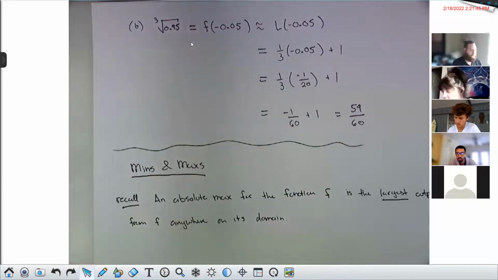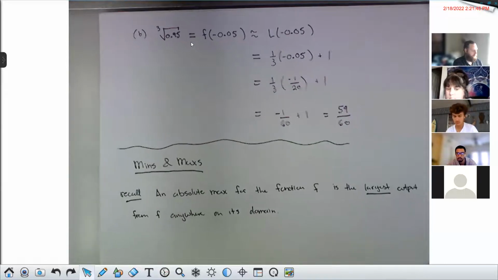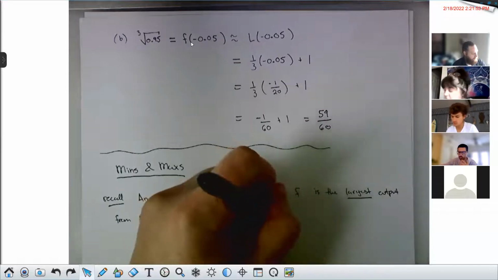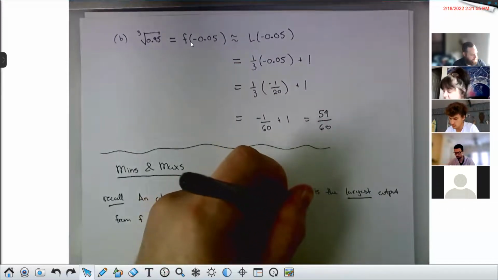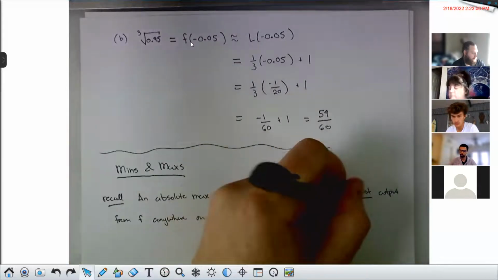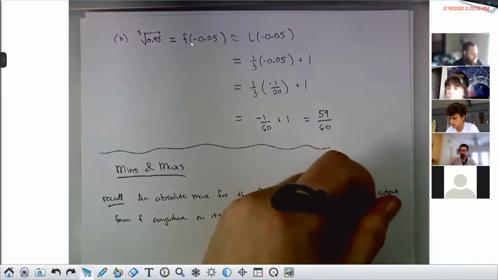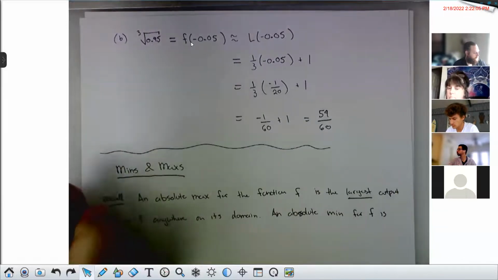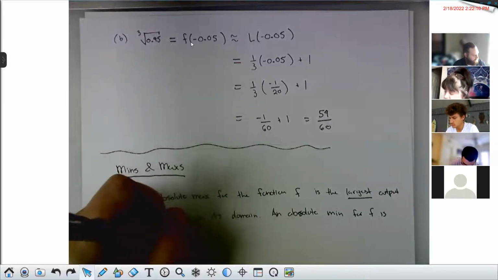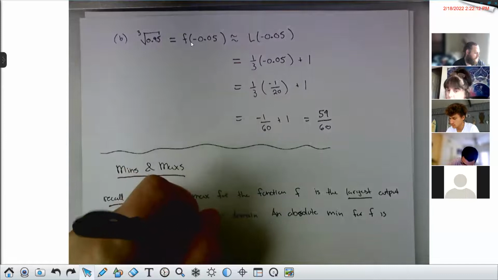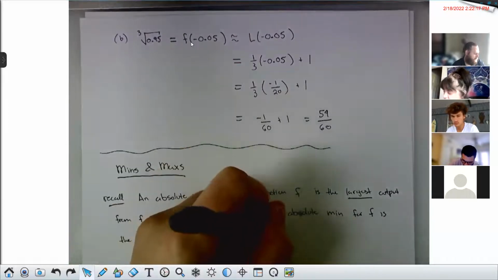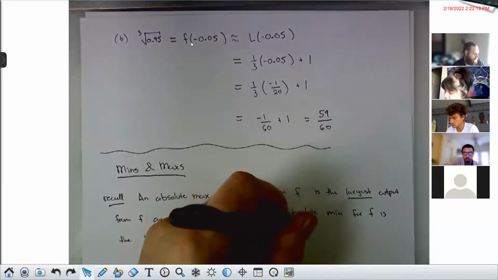Or in terms of the graph, it's the tallest point anywhere on the graph. And an absolute min for f is the lowest output anywhere on its domain.